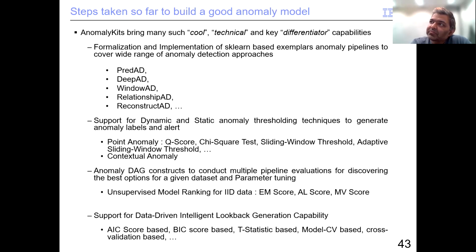Now, one thing I want to mention is that whenever you apply any anomaly detection pipeline, at the end of the day, the pipeline generates a real-valued score, which we call an anomaly score. And most of the time, we have seen that the data scientist or even the end user comes back asking, how do I interpret this real-valued anomaly score?